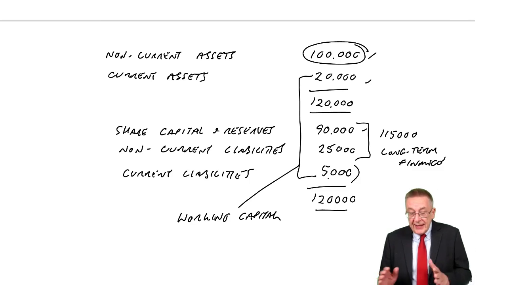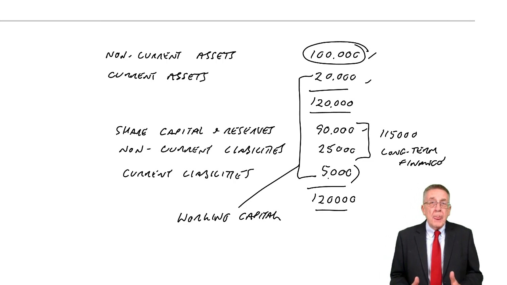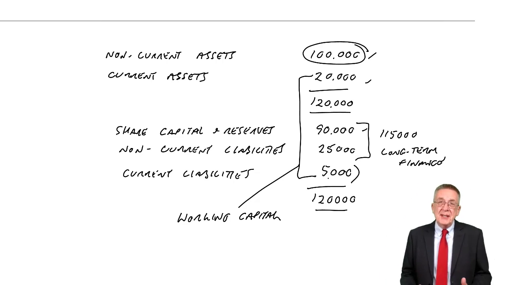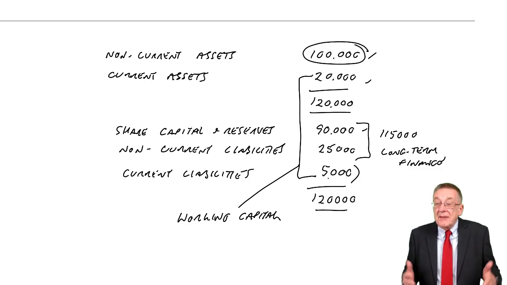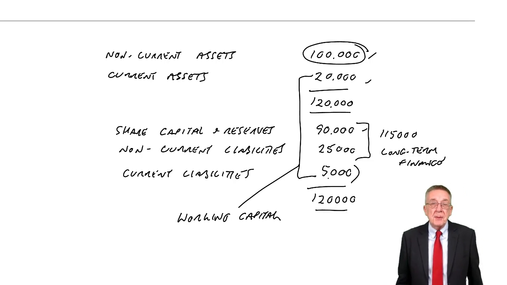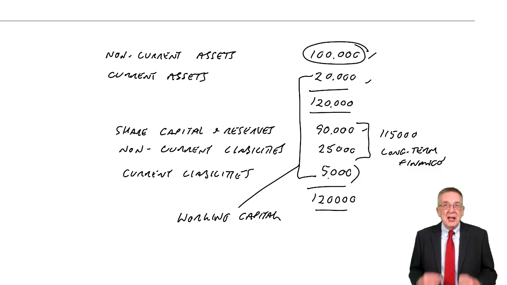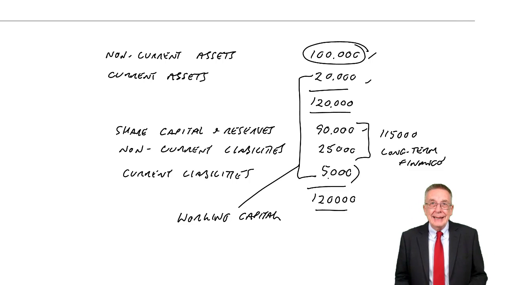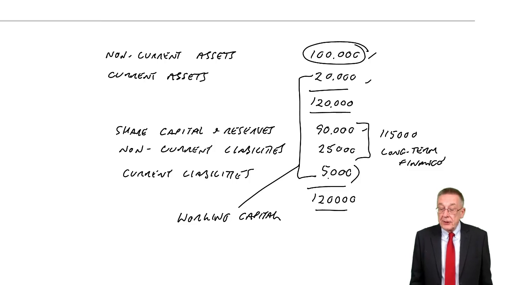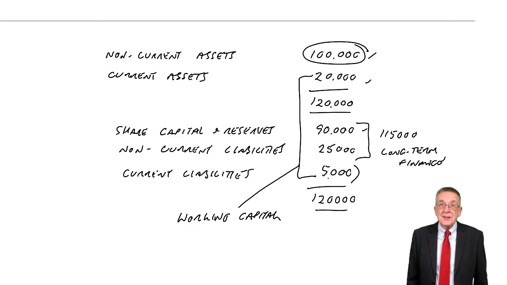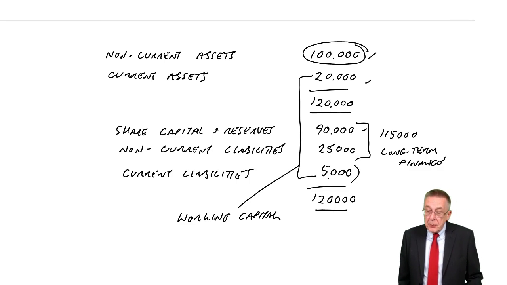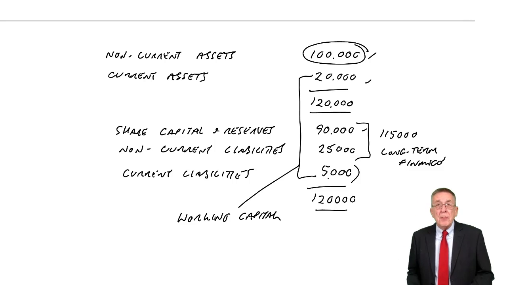So there will be an element of payables, current liabilities. But although they need that working capital to be able to run the business, again, they've got to have some inventory to be able to supply customers and so on, the working capital itself isn't actually earning profits. It's the machines that are going to earn the profits, the non-current assets. And so it is important the working capital is managed properly.